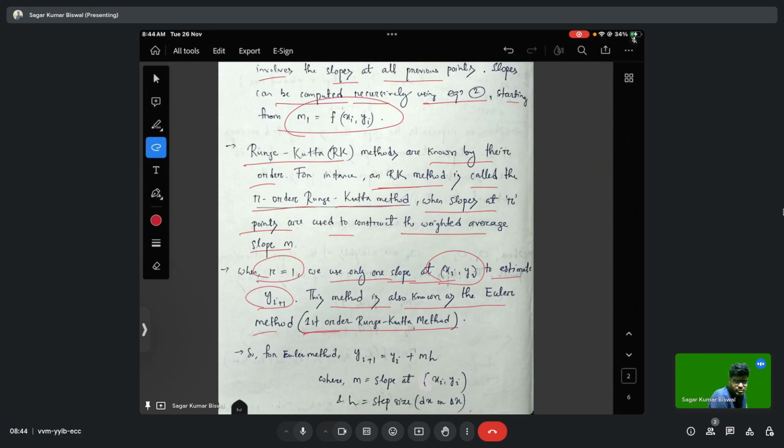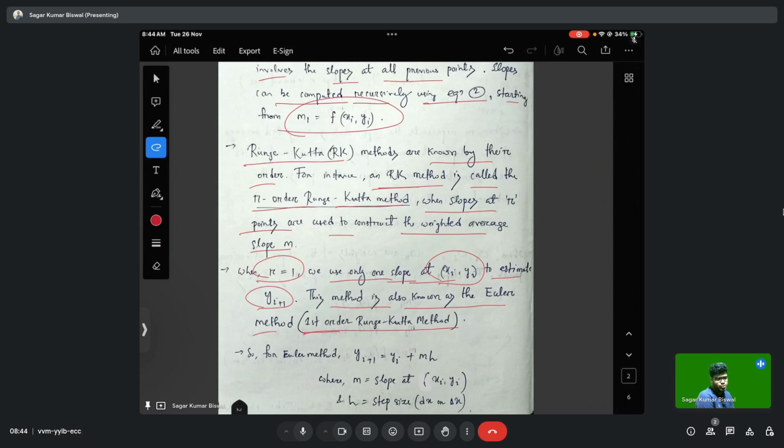So as I have mentioned, you are going to use slopes at different points, and if you are using only one slope at a single point, not more than one point to find the slope, then that is obviously the Euler method, the first order Runge-Kutta method.